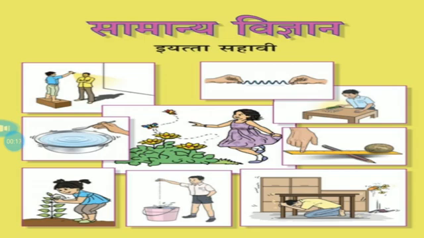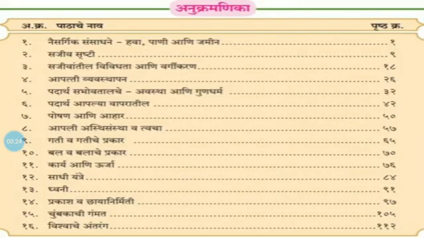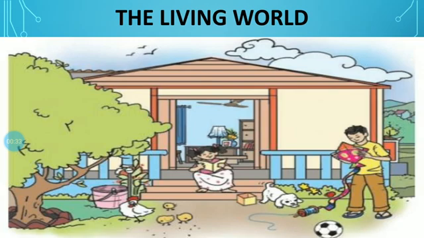Today we have to see the general science of standard 6th. In this chapter we are in the second chapter. The name of the chapter is the living world. In this chapter we have seen the information about the living and non-living things, the characteristics of living things.